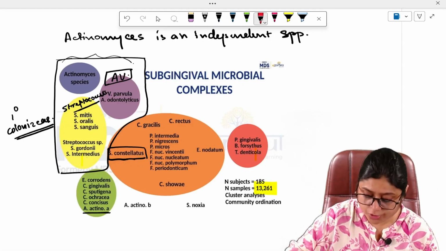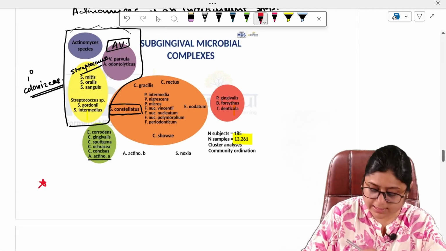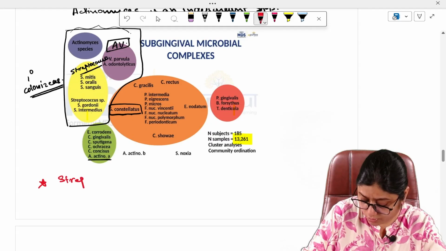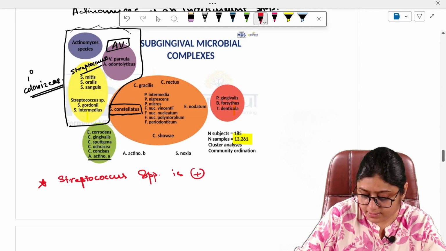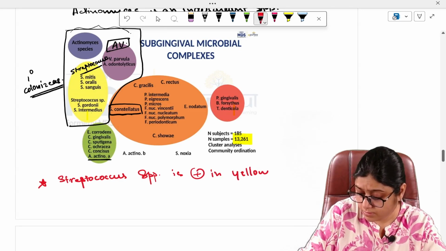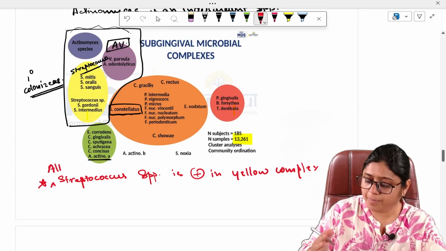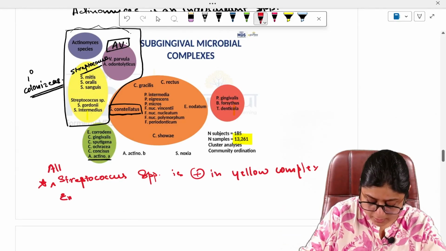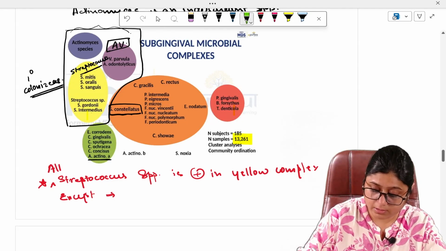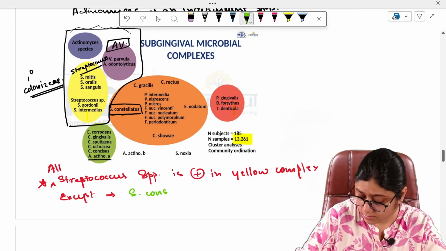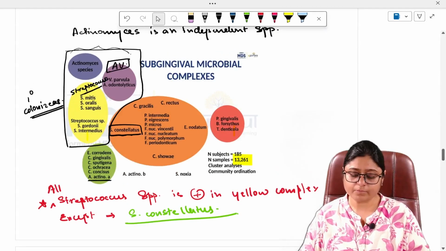This exception is asked frequently in NEET and INI also. All Streptococcus species are a part of yellow complex except Streptococcus constellatus. Okay, this much you need to remember.